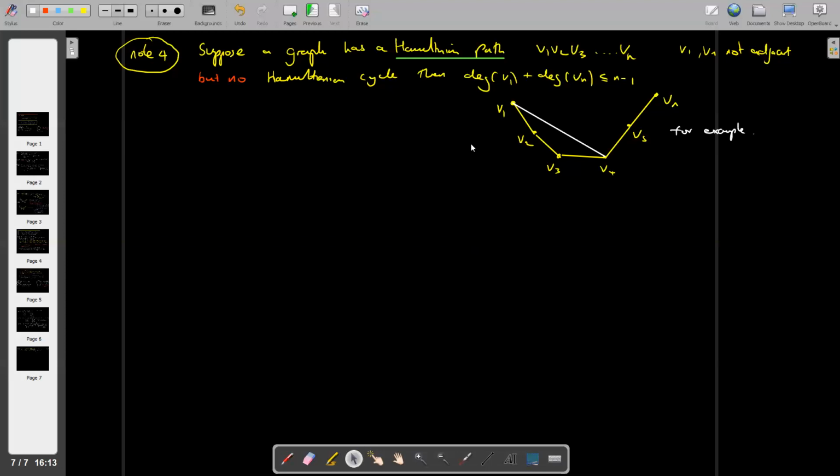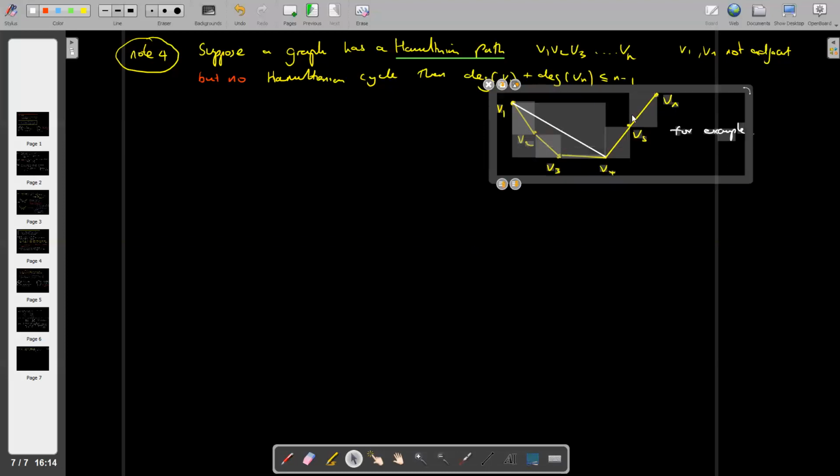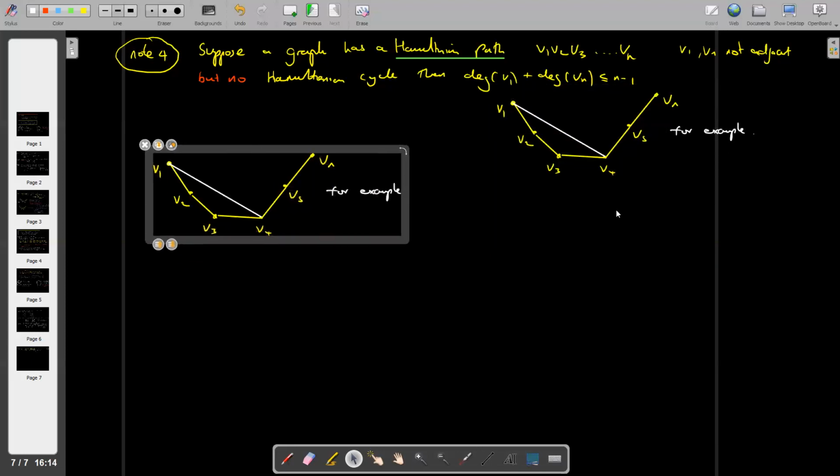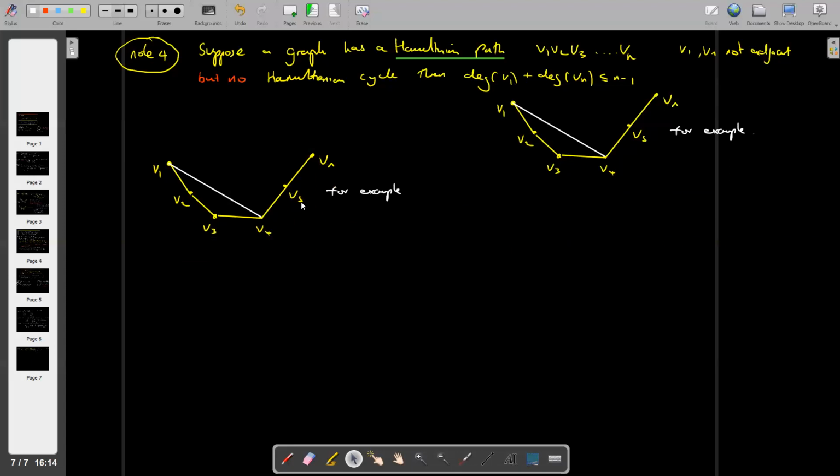Now what I'm going to do is show you, if this is true, then let me draw a red one on here. Let me draw this edge here. If this is true, then we can't have this edge that I've drawn in red.